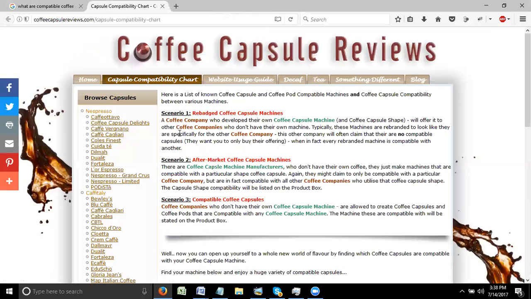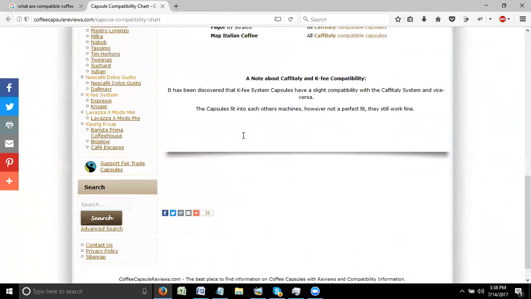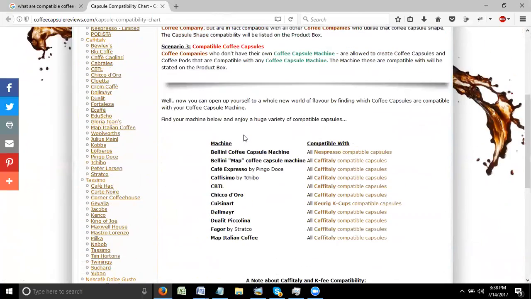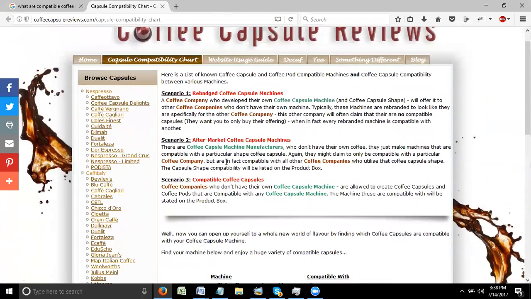Okay, so I'm jumping from one place to the next. Coffee capsule reviews. It's a coffee capsule compatibility chart. Now, I don't understand any of it yet, but it sounds interesting. And I'm looking at the left side.